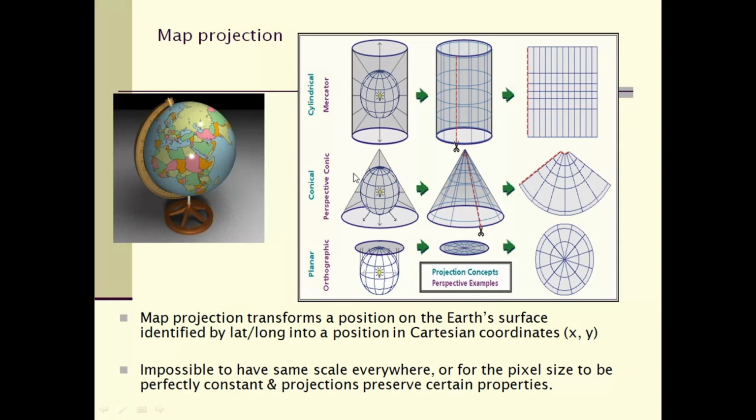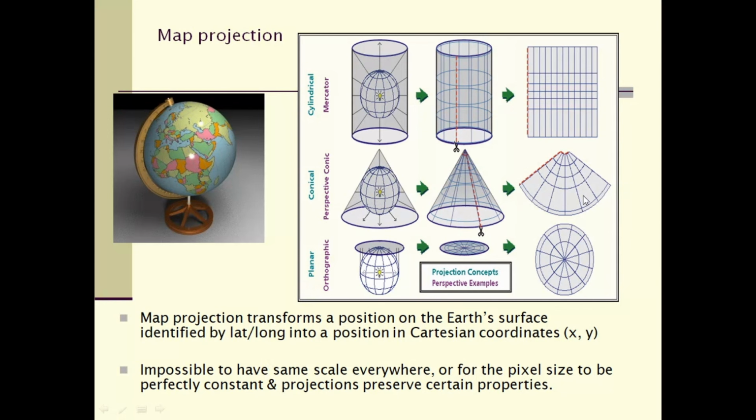Conical projection: if we take a cone instead of a cylinder, and project the whole map onto the cone, then cut it out and flatten it out like this, then the world map represented by this is called conical projection. This is also a particular set of equations we use in GIS.